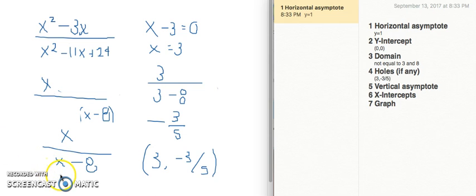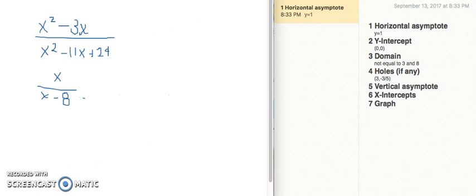Now we have to find the vertical asymptote. To find it, we look at the factored equation without any holes, and we set the denominator equal to 0.